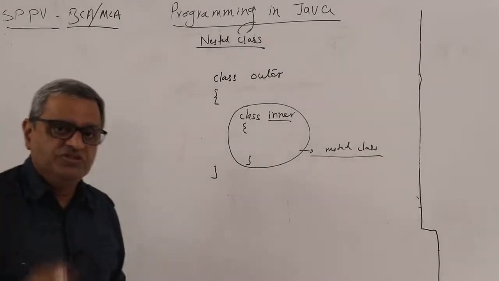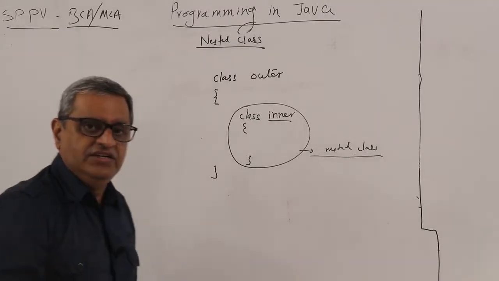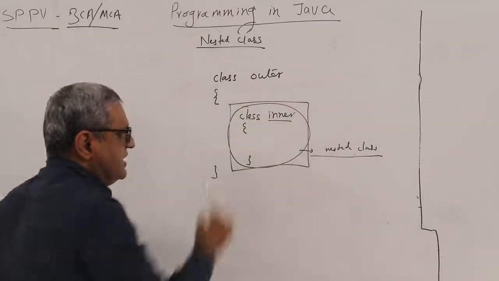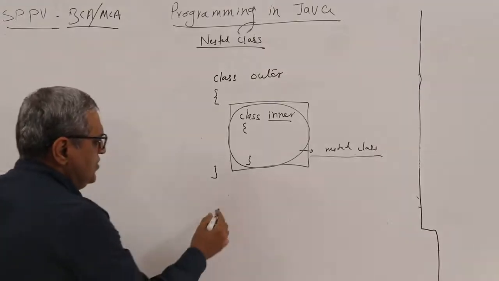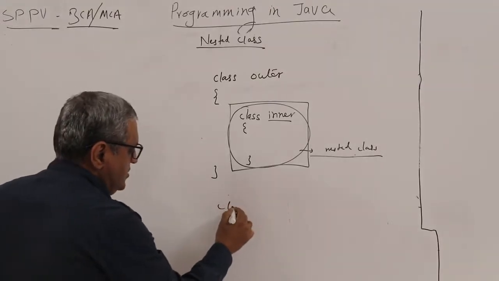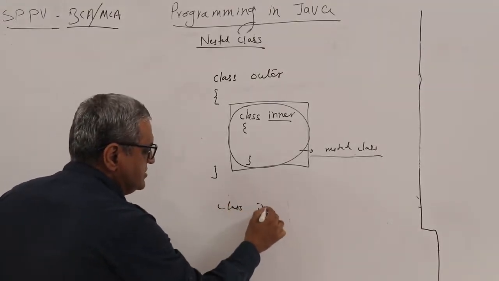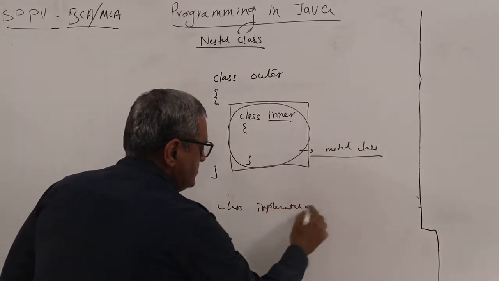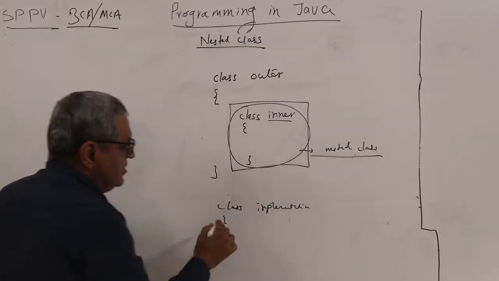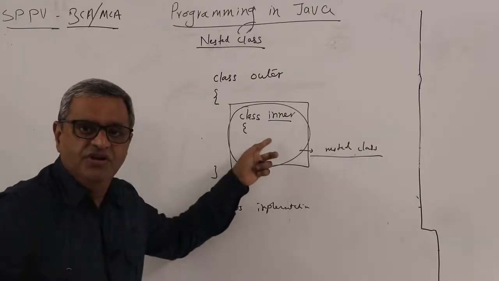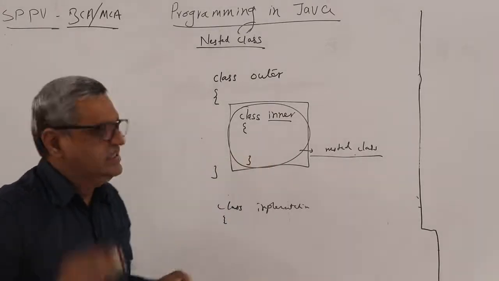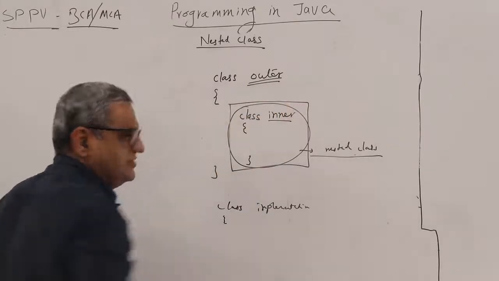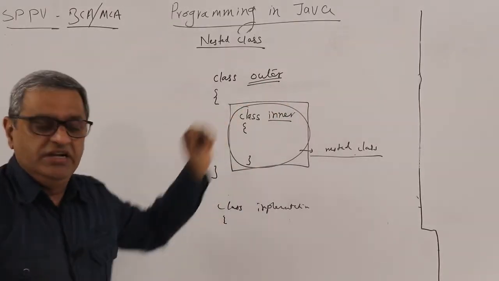Now suppose I have to create an object of this class type from some other implementation class. Remember one thing: first I need to create an object of the outer class.